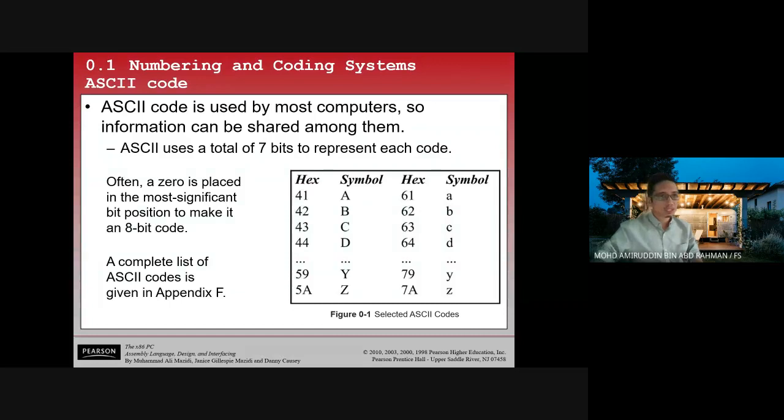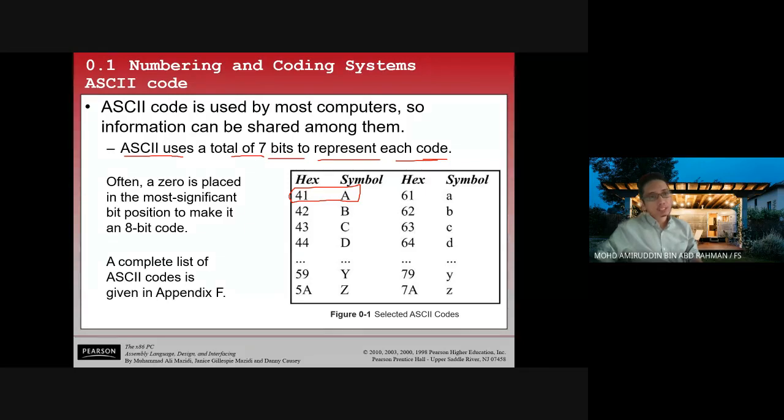It starts from 41. Often a 0 is placed in the most significant bit position to make it an 8-bit code. As said here, the ASCII uses a total of 7 bits to represent each code. Each code here is represented by a total of 7 bits.